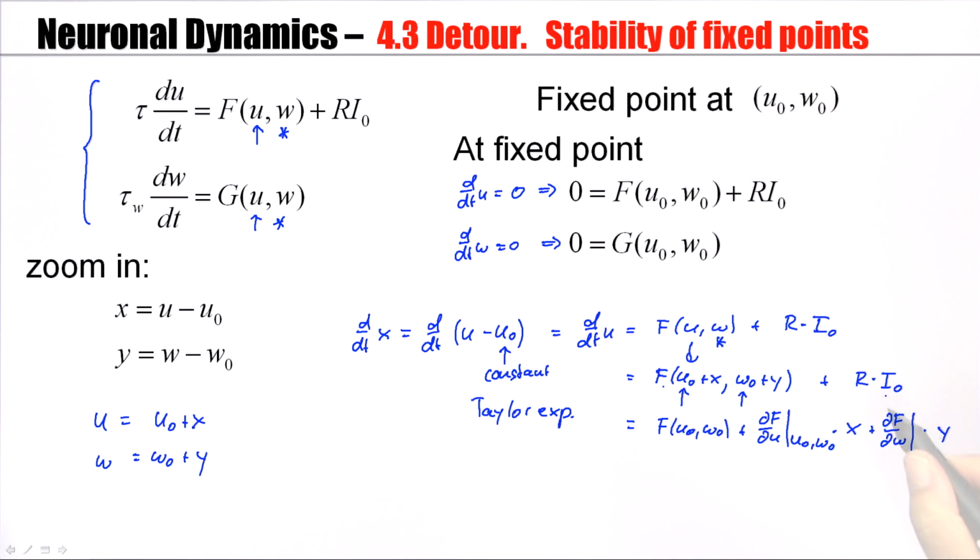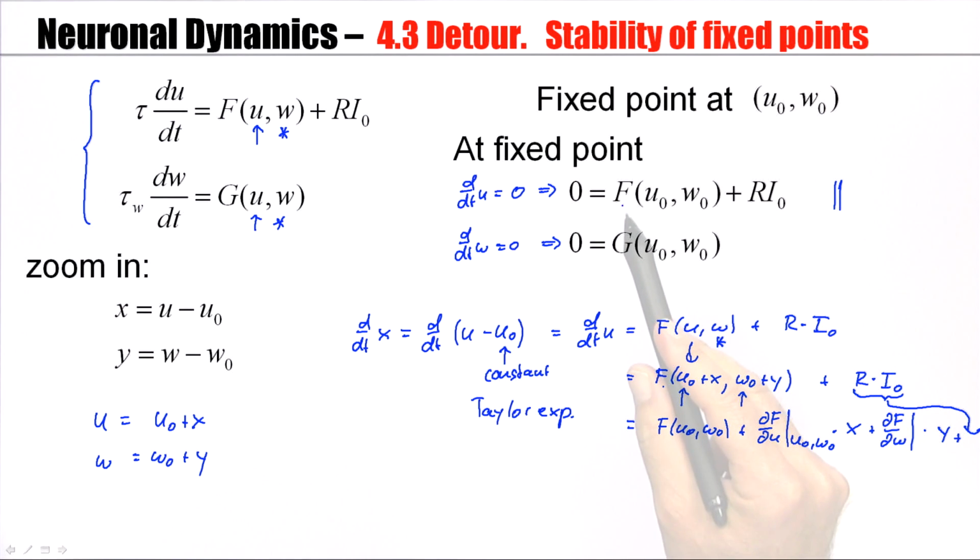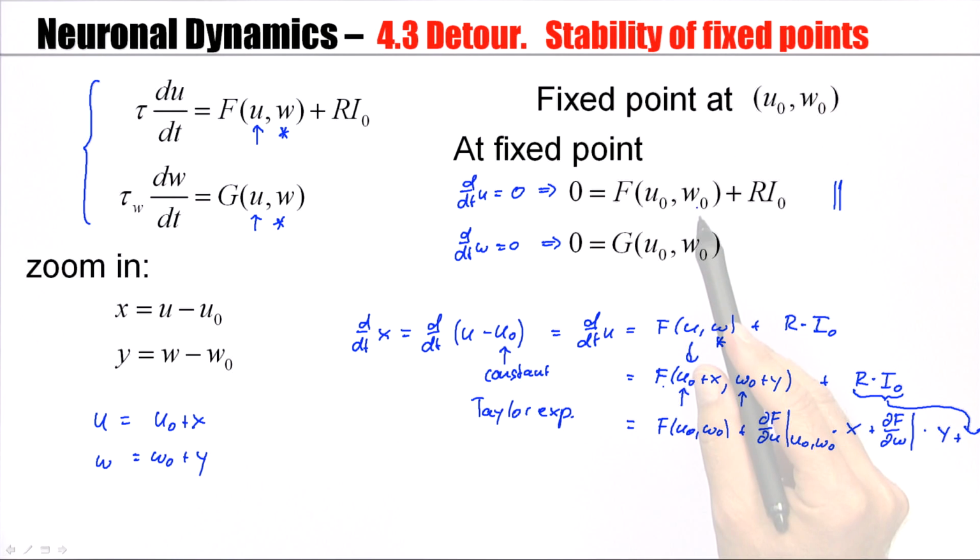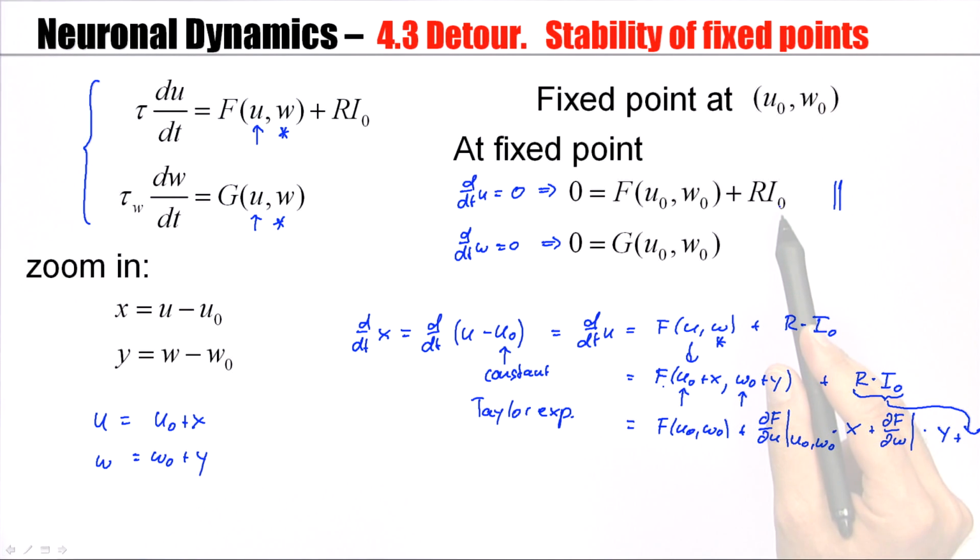And then I need to add the plus r I0 over here. Now, let's look up here. We said that at the fixed point, f of u0, w0, plus r I0 adds up to 0. So this term, together with the r I0 term here, adds up to 0.